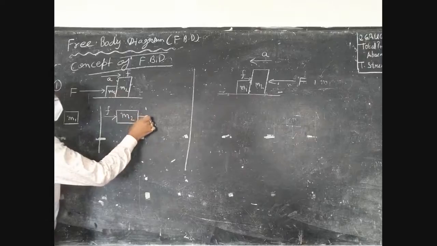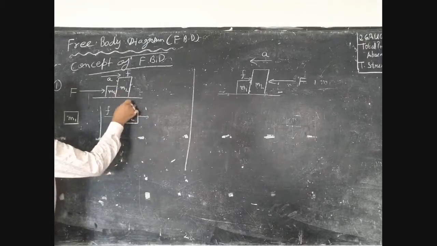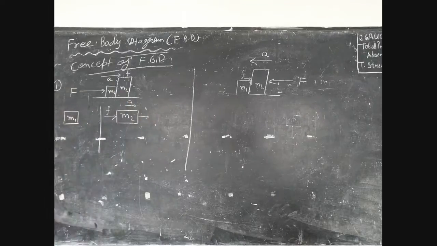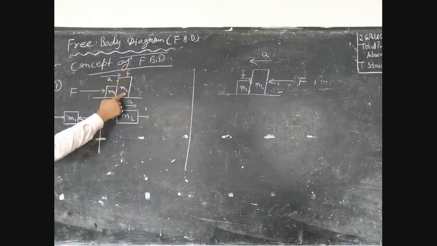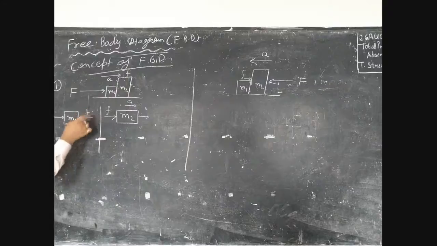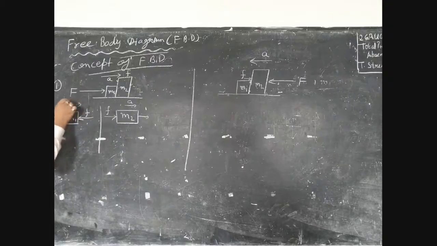And it moves with an acceleration a in this direction. Okay, and here the force F is applied on m1, and we find a force due to the mass of m2 opposing this force. Clear? But thereafter it will move in the direction of application.